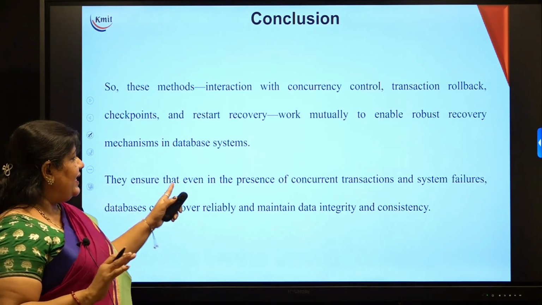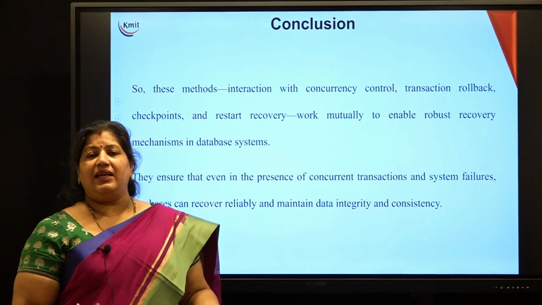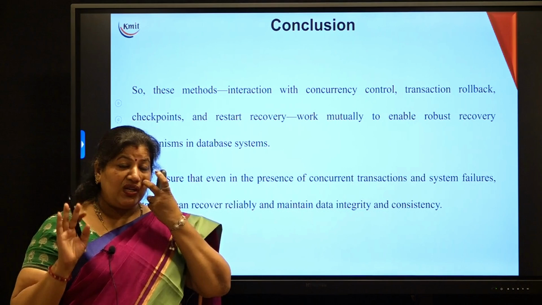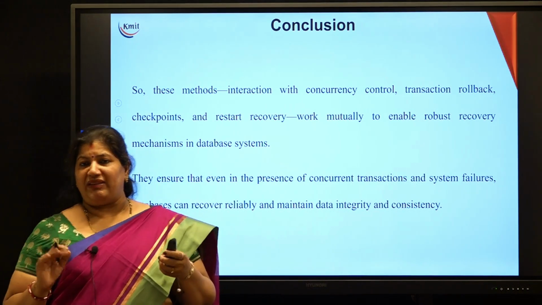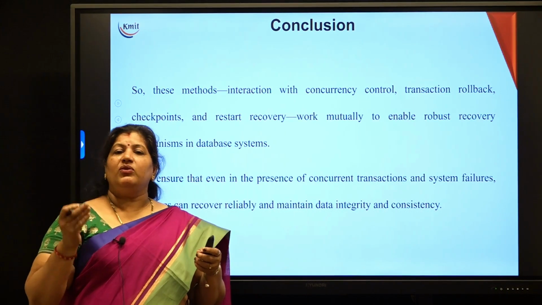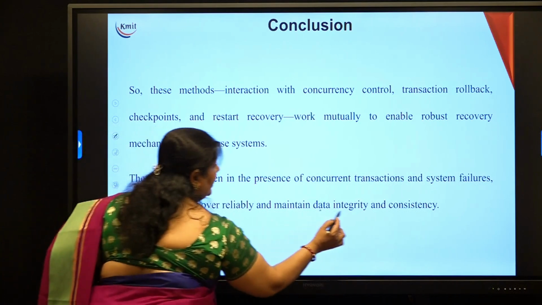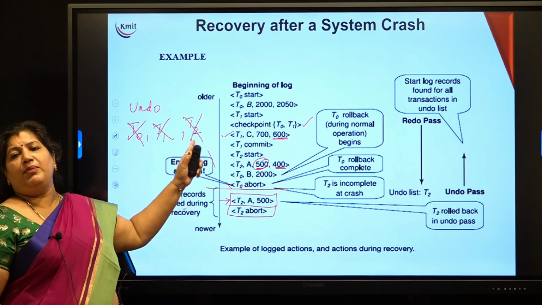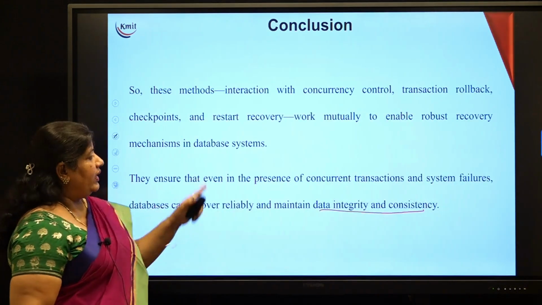The final idea is only to ensure data consistency and integrity in the presence of concurrent execution, because concurrent execution gives us the benefit of improved performance. In order to gain that, while sticking to data integrity and consistency, we have to work with different methodologies. So they all work in that particular order.